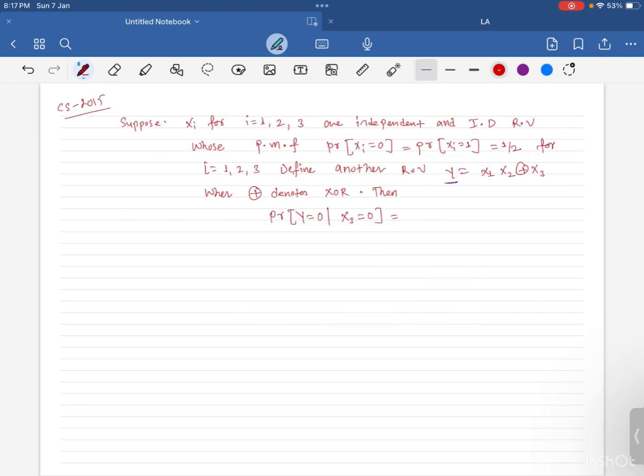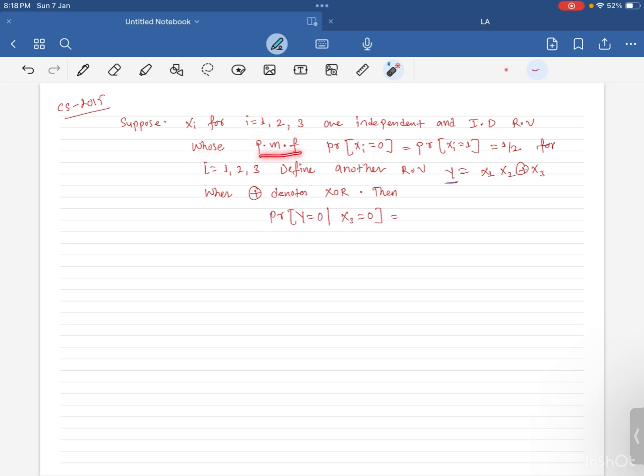So this question is from CS Computer Science 2015. Let me read it out because writing is not good. Suppose Xi for i equals 1 to 3 are independent and identically distributed random variables. So we have the random variables X1, X2, X3, right? These are identically distributed, and all of these are independent, right?